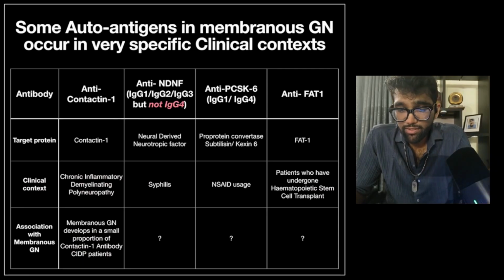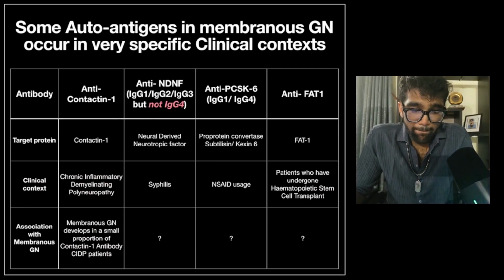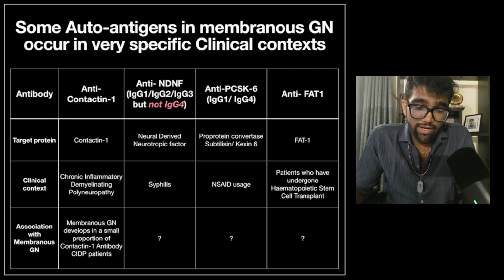We'll come to that later, and anti-FAT1. Okay. So contactin 1 antibodies you may have heard of in chronic inflammatory demyelinating polyneuropathy, that is CIDP cases. So here a small proportion of contactin 1 positive CIDP cases develop membranous nephropathy. Now, neural derived neurotrophic factor antibodies have been described with syphilis related membranous GN.